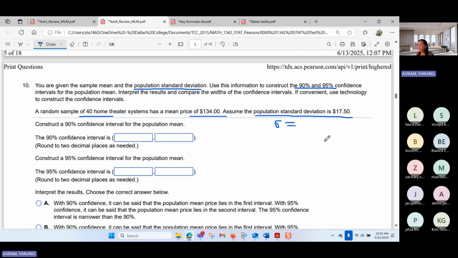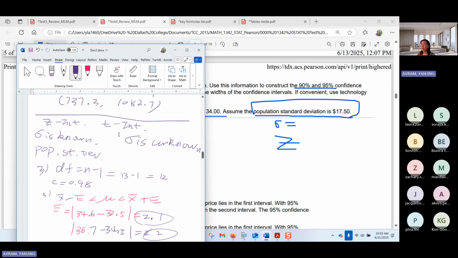So this will be a Z interval. Why is it Z? Because it's giving you the population standard deviation. That is the key thing. We need to use the Z interval because, as I mentioned earlier, sigma is known, is given.